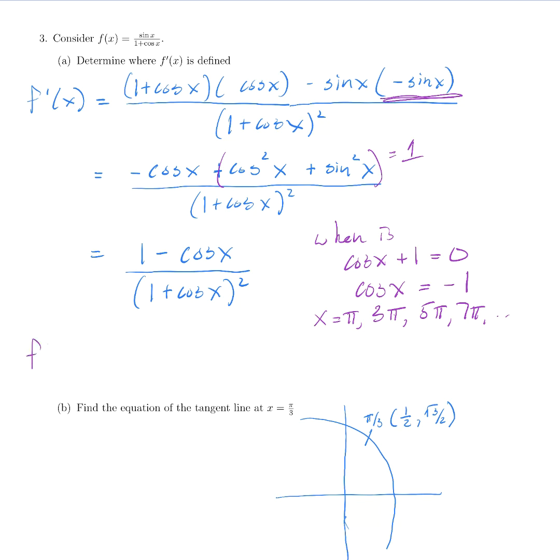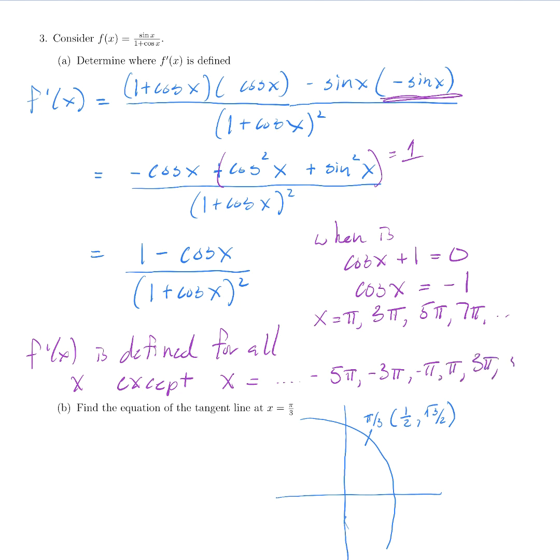So f prime of x then is defined for all x except x equal to, let's see, dot dot dot, negative 5 pi, negative 3 pi, negative pi, pi, 3 pi, 5 pi, etc. If you wanted to write that as all the odd multiples of pi, there are other ways you could write it, but that is where f prime is defined, everywhere except at those odd multiples of pi.